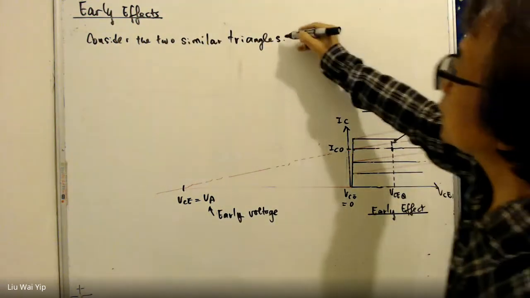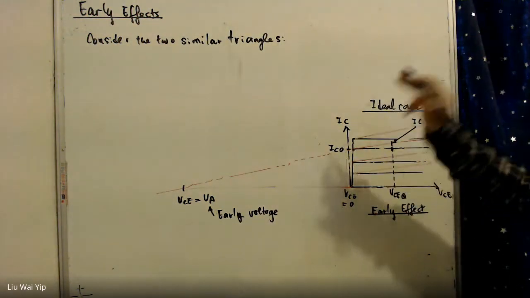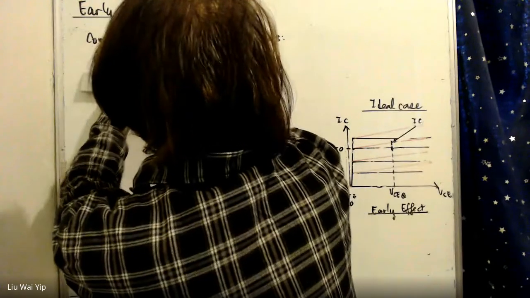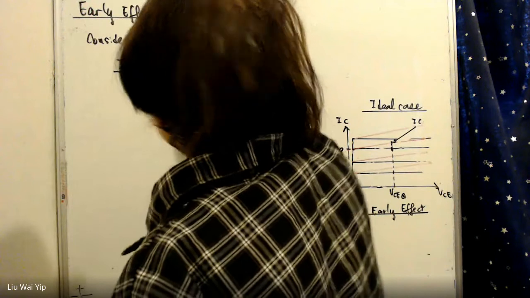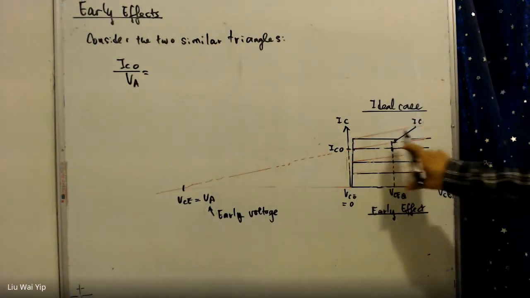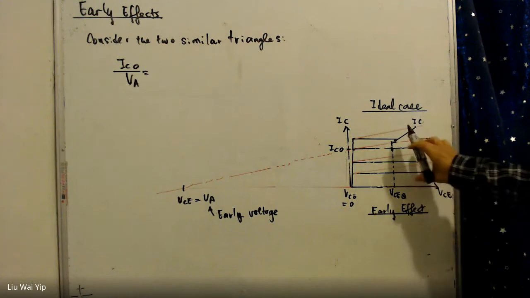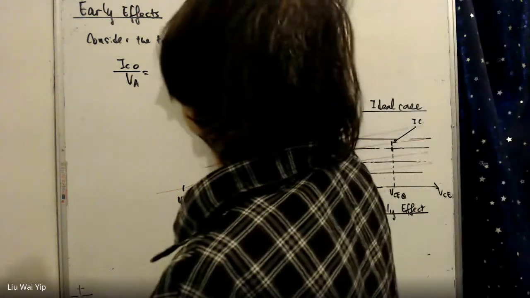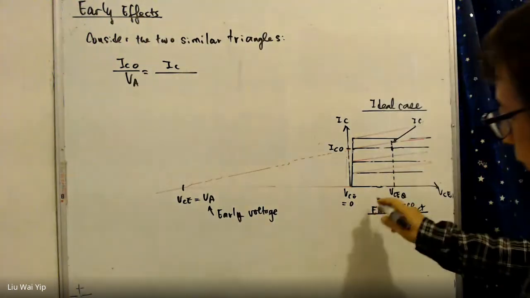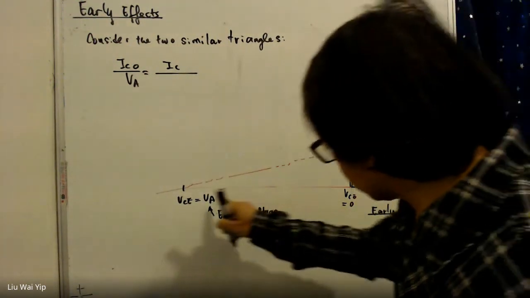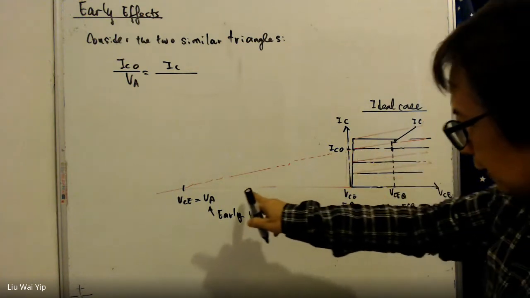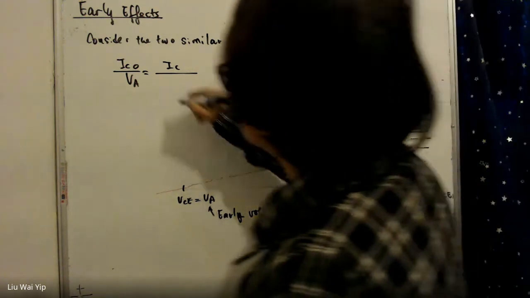We can say IC0 divided by VA. And if we look at the larger triangle, we have IC divided by, if you just count the length of this larger triangle, VA plus VCE.